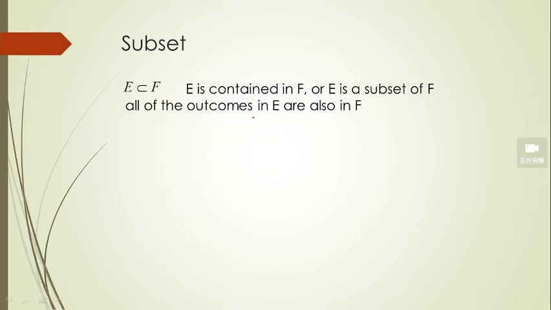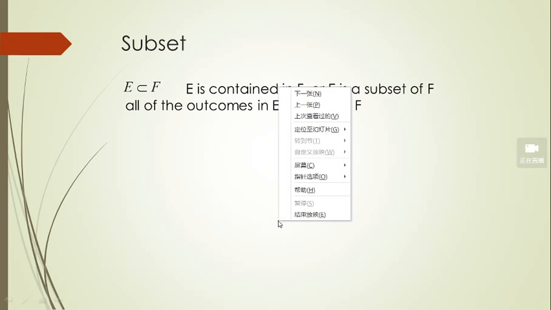We have already discussed that for those events, we can list all the outcomes, or we can write them as some description, like the example we discussed, flipping a coin, flipping two coins.